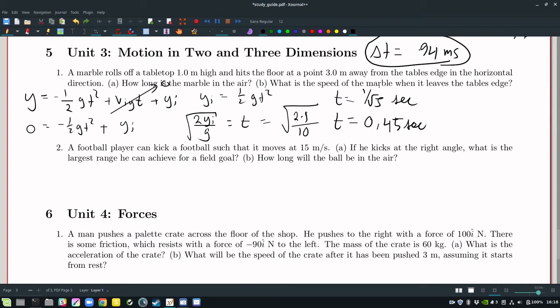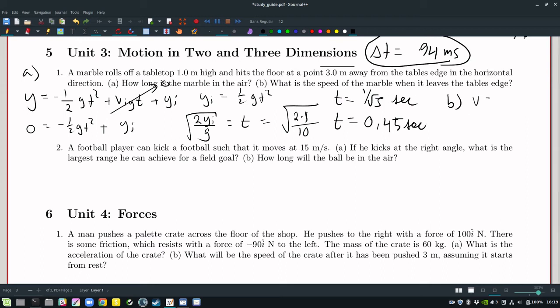Second part, what is the speed of the marble when it leaves the table's edge? So for part B, you have to ask yourself, if something is traveling for 0.45 seconds and it goes the horizontal distance, 3 meters, then you can just use the definition of velocity, because the marble is not accelerating in the x direction, it's moving at a constant velocity in the x direction. We're being asked to find that velocity, but we know the distance.